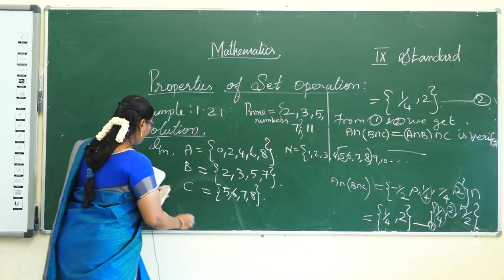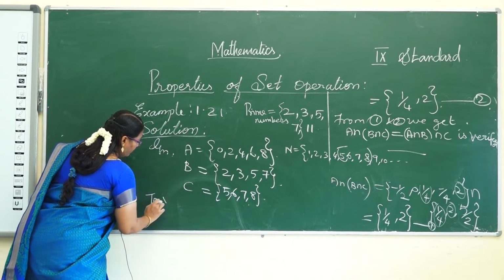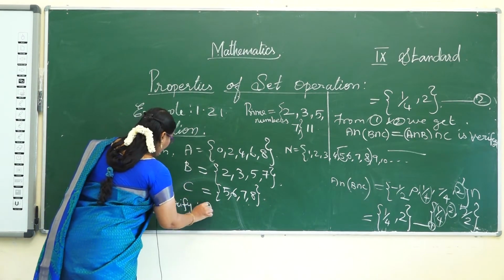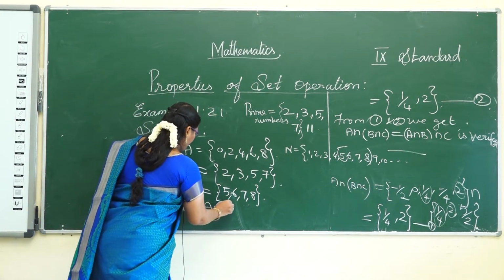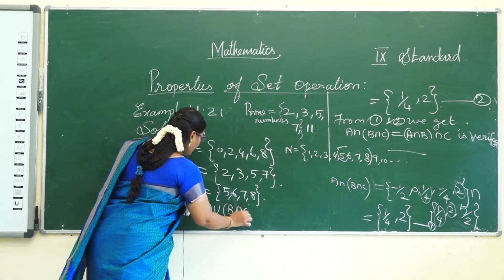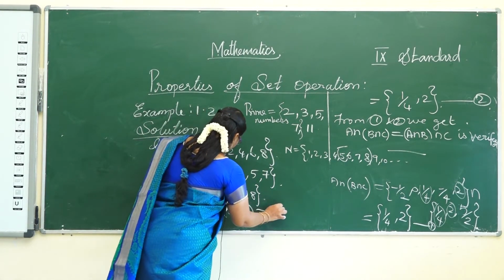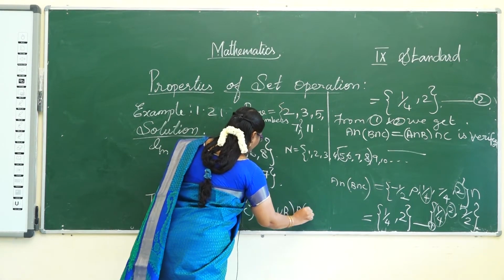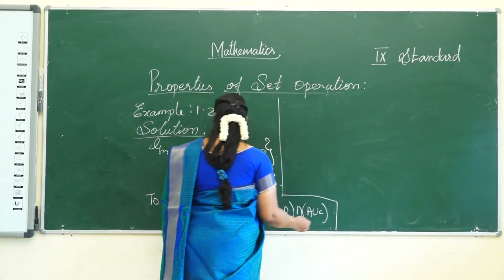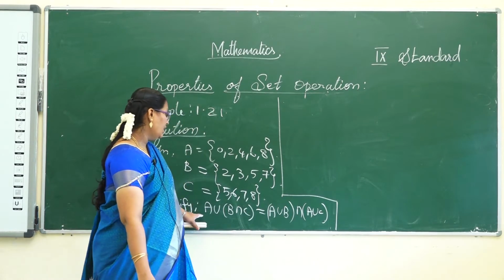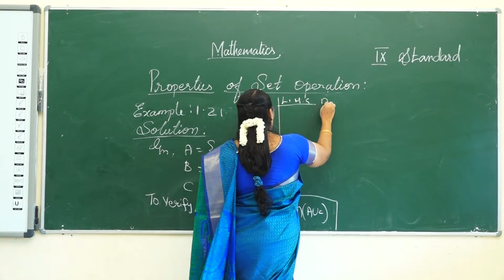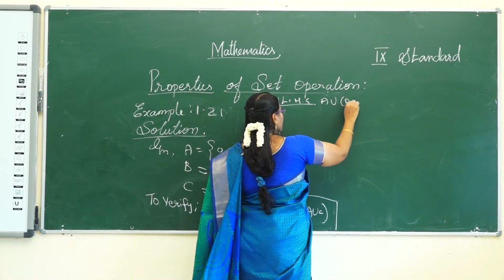Then to verify the distributive property of union: A union (B intersection C) is equal to (A union B) intersection (A union C). Let us consider the left hand side. A union (B intersection C).